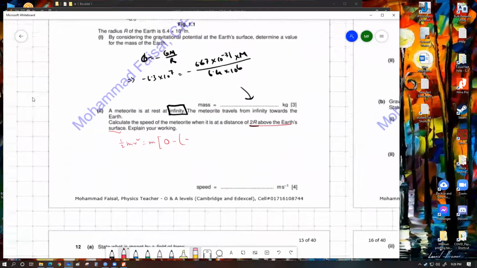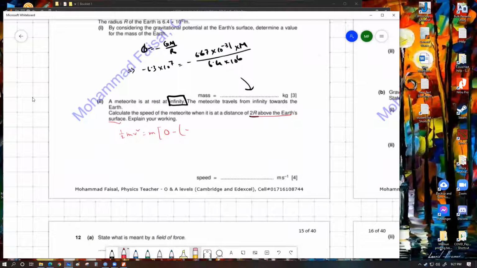Minus 2.1 into 10 to the power 7. Here m and m cancel out, so ultimately you're going to get the value of v. See what v comes to? Help me. Root over 4.2 × 10 to the power 7.